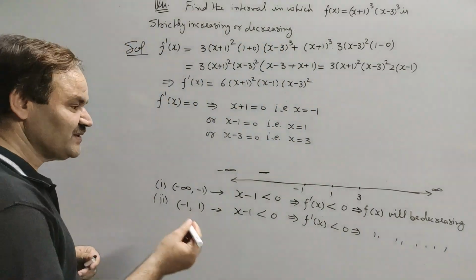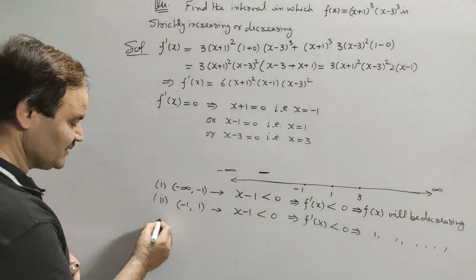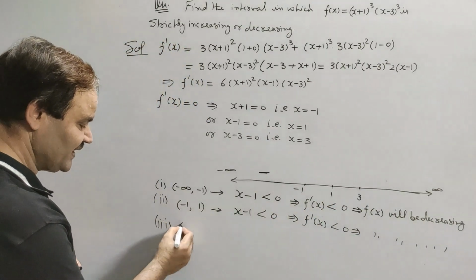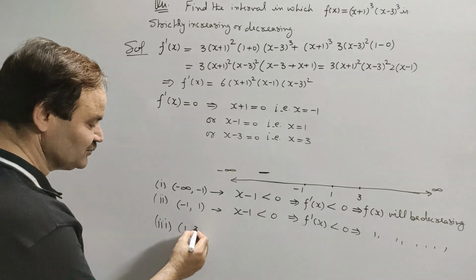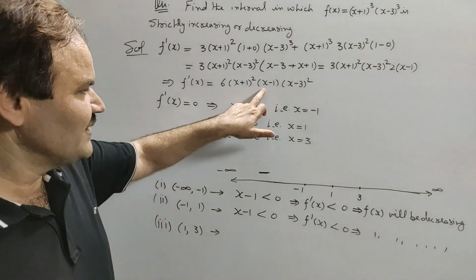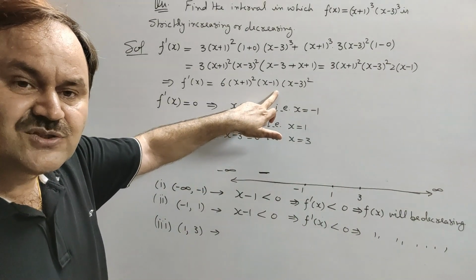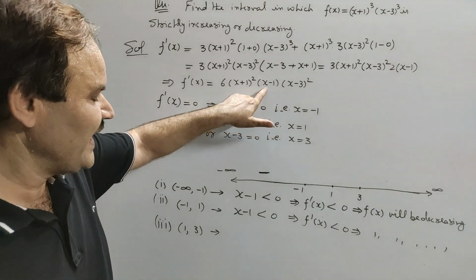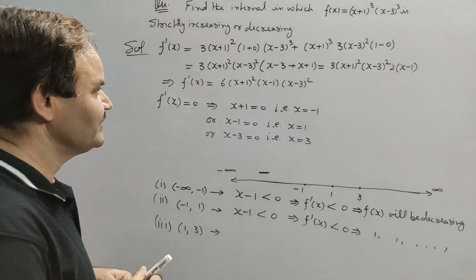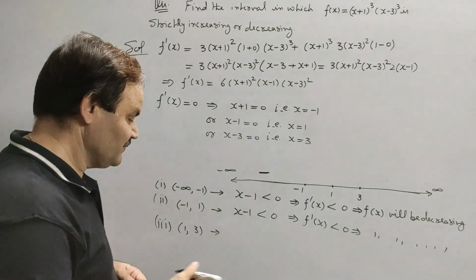Now if we come to the third interval, then the third interval will be from 1 to 3. And for the third interval, that is for the open interval 1 to 3, x minus 1 will be greater than 0, because this time x is greater than 1 and the rest two terms will always be positive.